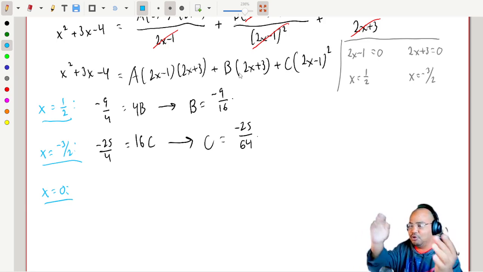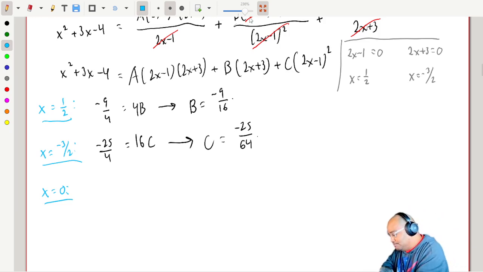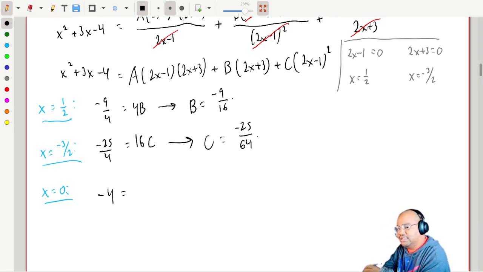So if I plug in x equals 0 on both sides, on the left, we get a negative 4. And on the right, well, let's see what we have here. Plugging in x equals 0, I'll get a negative 1 times a 3, so that's a negative 3 times a. Okay, now plus, let's go ahead and just write out the rest of this.